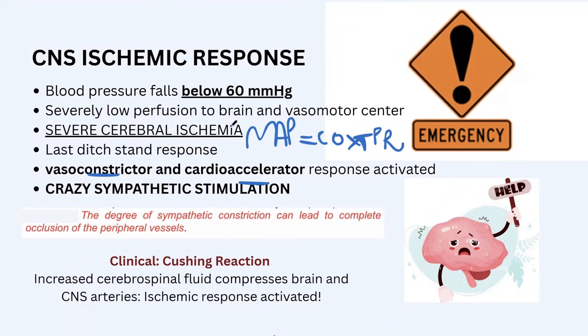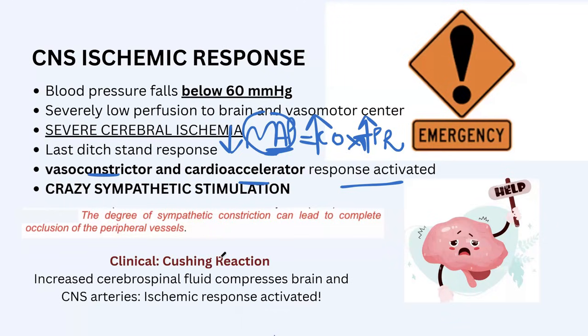If the mean arterial pressure drops below 60, you need to increase cardiac output, and you need to increase total peripheral resistance to make this come back up. Otherwise, you're going to lose your brain. So the vasoconstrictor means total peripheral resistance is going to increase, and the cardiac accelerator means cardiac output is going to increase. These responses are activated as a last desperate attempt by your body to bring up the arterial pressure and perfuse your brain.